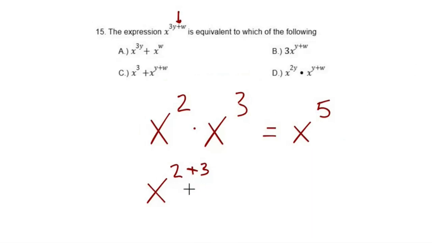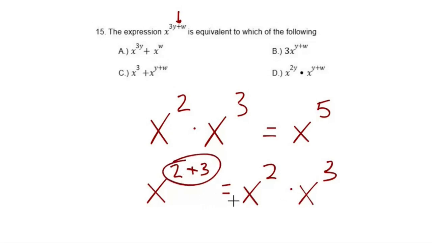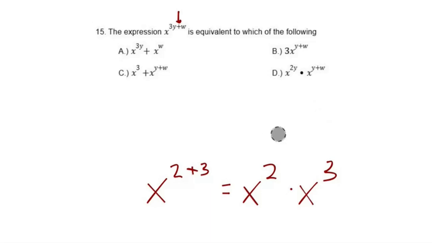So with that in mind, we can go backwards and say, oh, let's say we had this. Well, I can split them at the plus sign and say, okay, that's using the product property. I can split them up and multiply them separately, because that's what we'd end up with if we multiplied them. So we're doing the same thing here. All right, so let's get rid of this. If I write that out, we get 3y plus w.